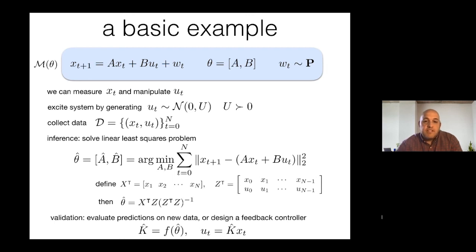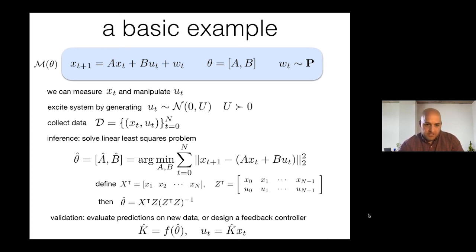And one simple way to do that in this case, since everything is linear here, is we just solve this linear least squares problem. So we minimize the sum of the squares of the equation error, the state at time t+1 minus these parameters times the state at time t and the input at time t. And you just solve that optimization problem. This least squares problem can actually be solved in closed form very efficiently.